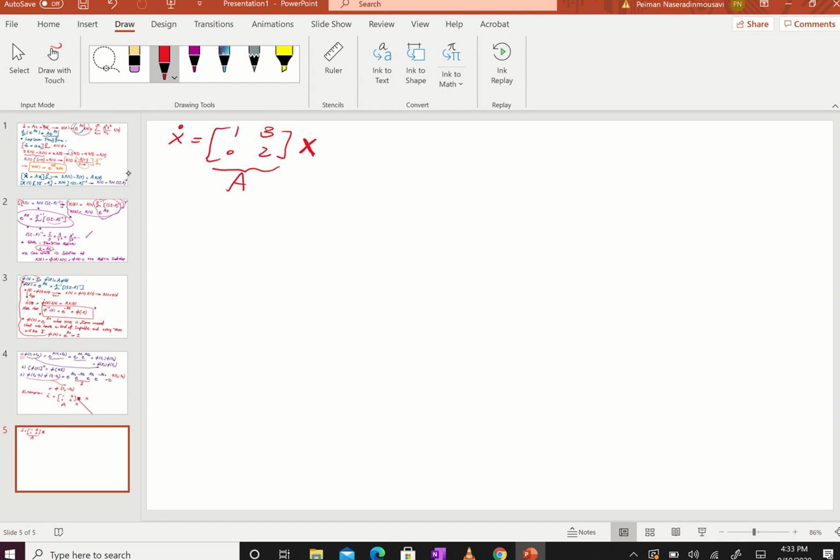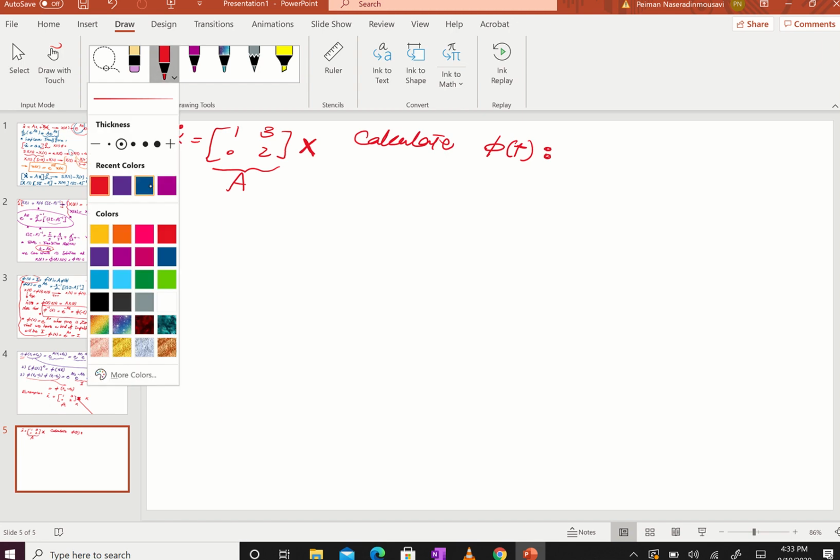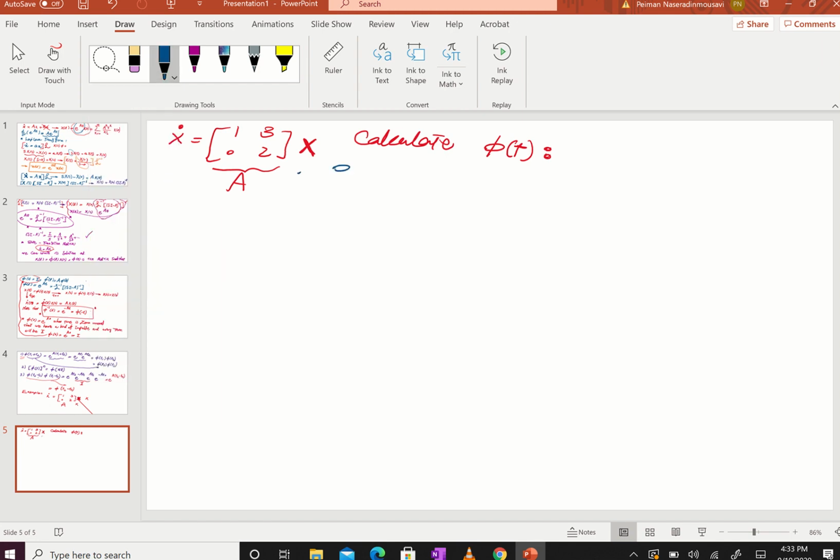Now the question is to calculate phi of t, the matrix exponential, or state transition matrix. As I taught you, phi of t is the matrix exponential, and we derived together that it is the inverse Laplace transform of (sI minus A) inverse.